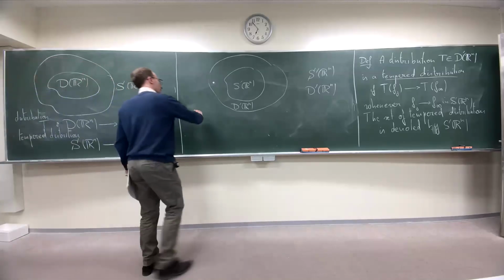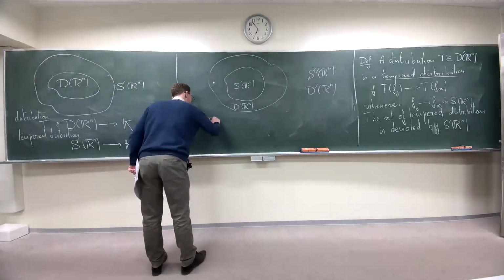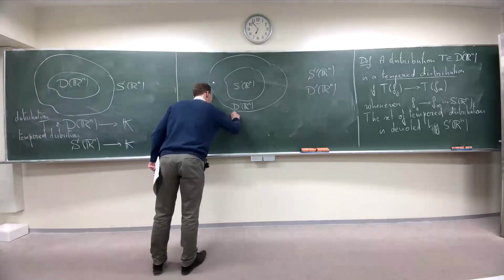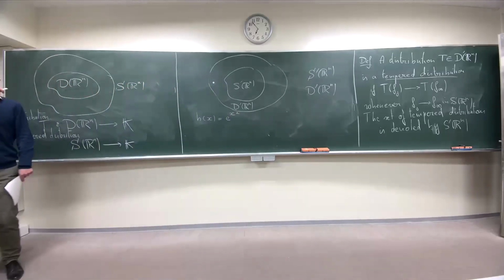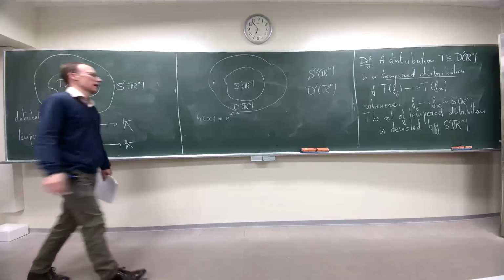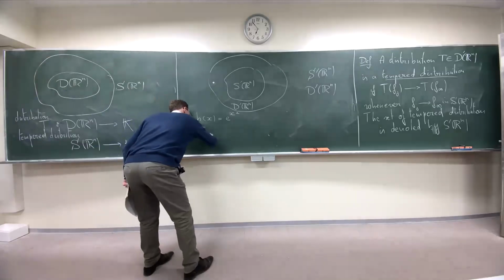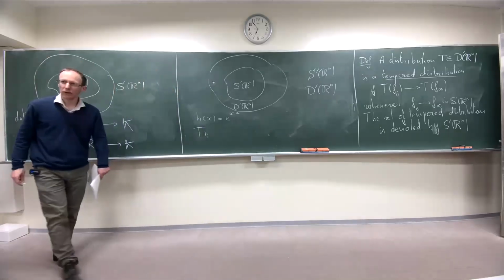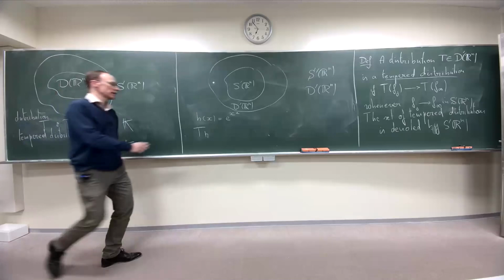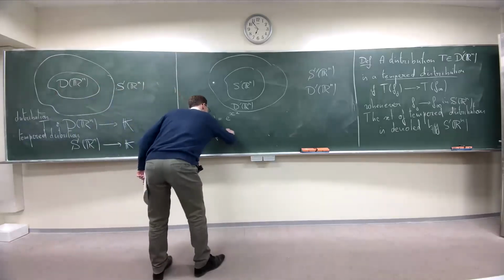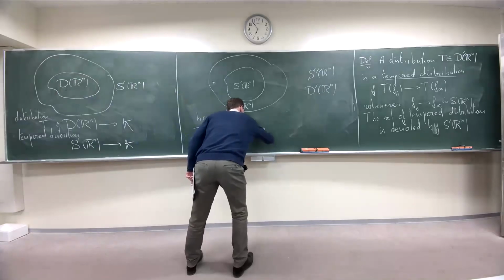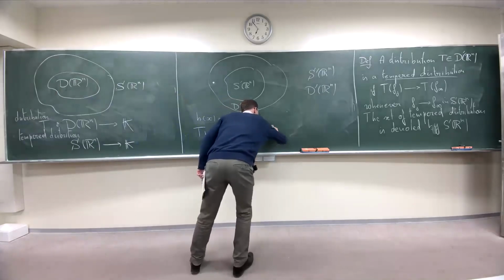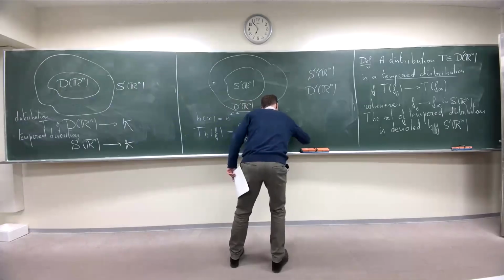Be more precise. Consider h of x. Let's take e^(x^2). This function grows very, very fast. And construct the T_h. So remember the regular distribution, T_h on f is the integral on R^n of h of x, f of x, dx.